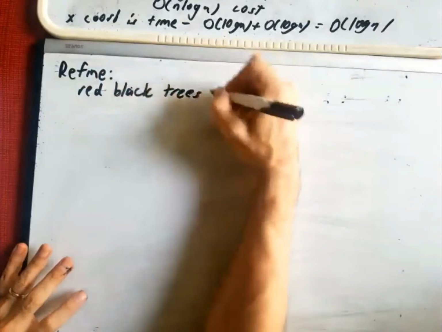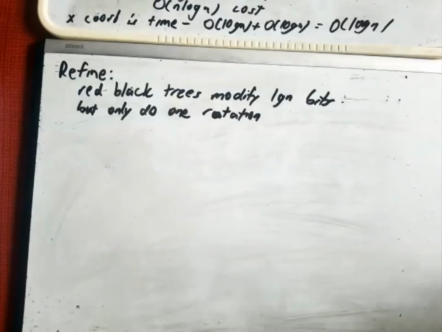Again, they're kind of like Fibonacci heaps, right? You cascade the cut up and eventually you set a mark bit. So similarly with red-black trees, after you've done an insert, you walk back up the tree, fiddling with the red and black bits. And when you find that you need to do a rotation, you perform that rotation, but then you stop walking up the tree. So you only ever do one rotation.